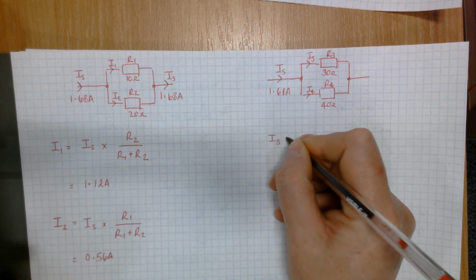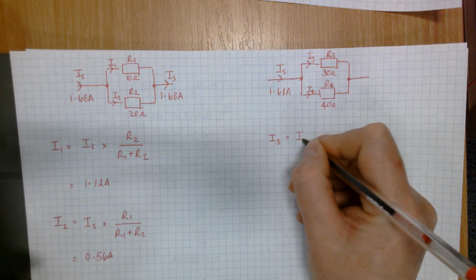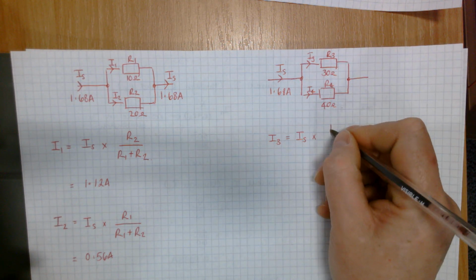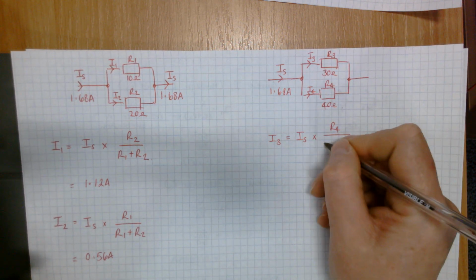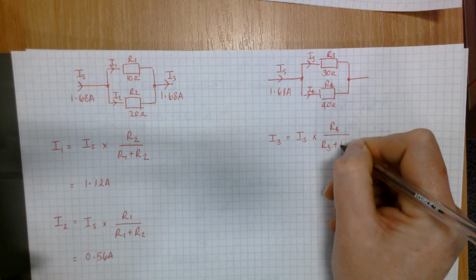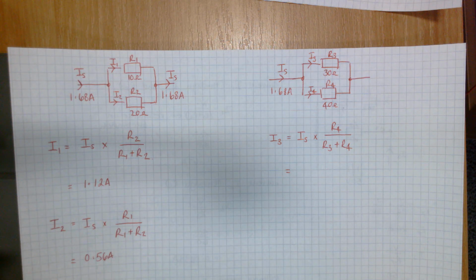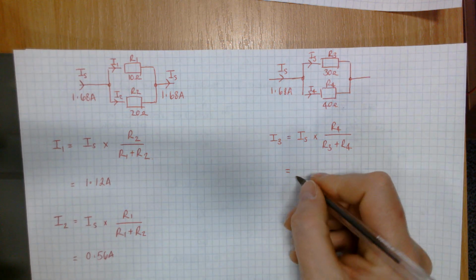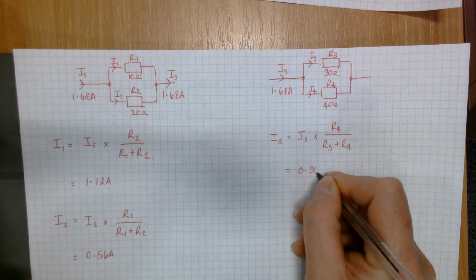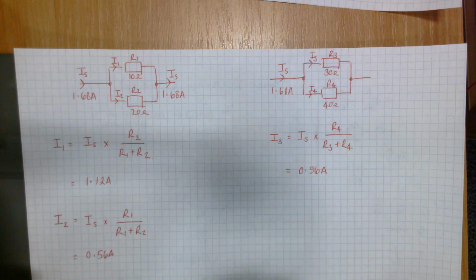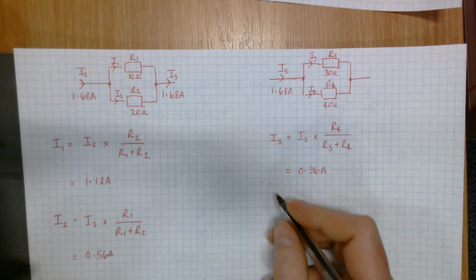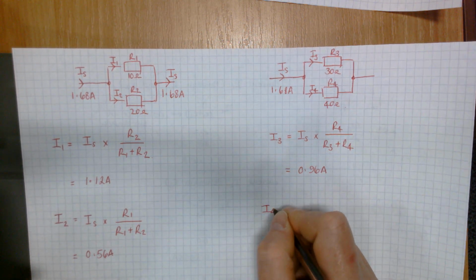So to get your I3, IS times R4 is in the opposite branch. And you'd work that one out. That's your I3.